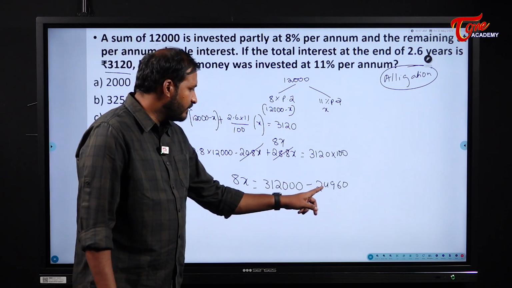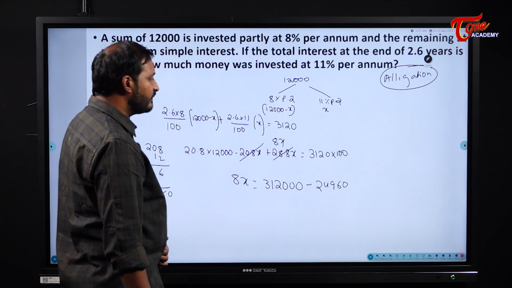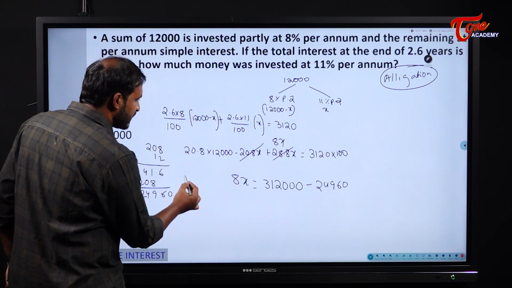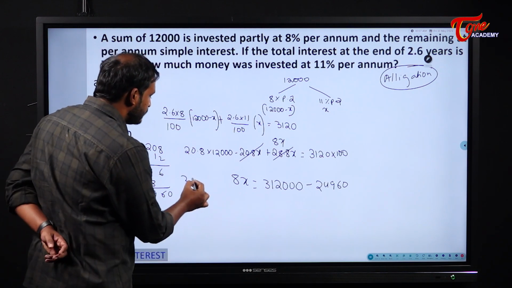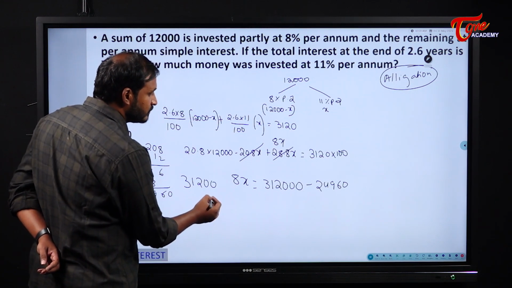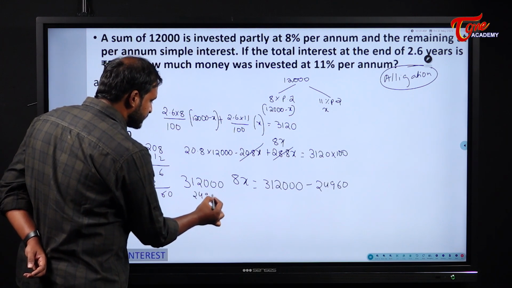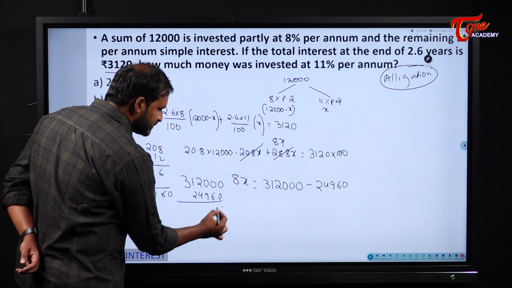So what it becomes? 3,12,000 minus 24,960. Subtract those two things. 3,000 minus 24960. Now what happens to this 0?